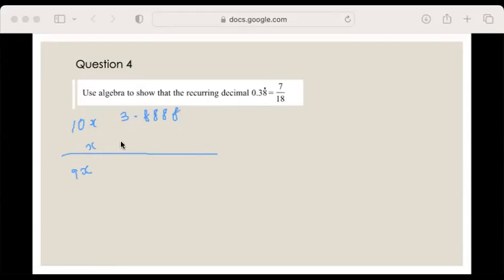And 1x is obviously 0.38 recurring. So now we know here 8 minus 8 is 0, 8 minus 8 is 0, 8 minus 8 is 0. 8 minus 3 is 5, and 3 minus 0 is 3. So we have here 3.5.